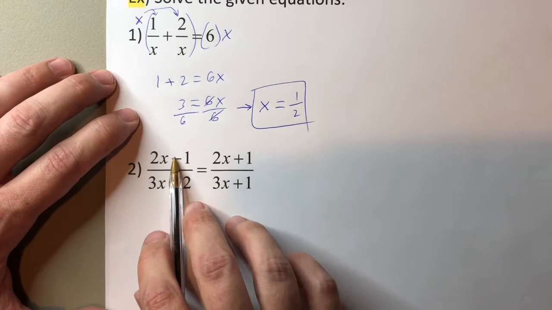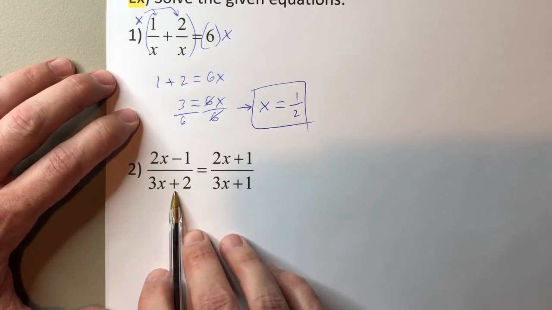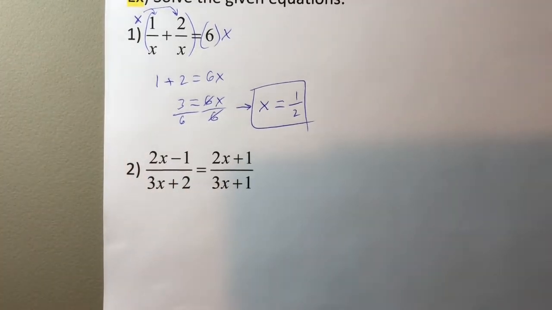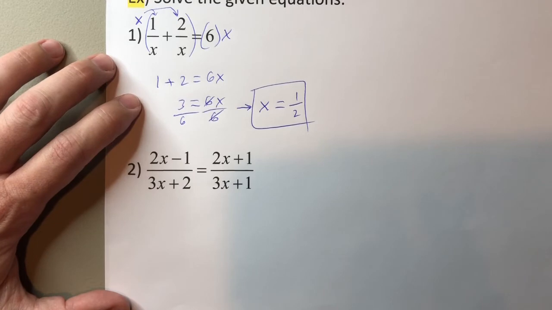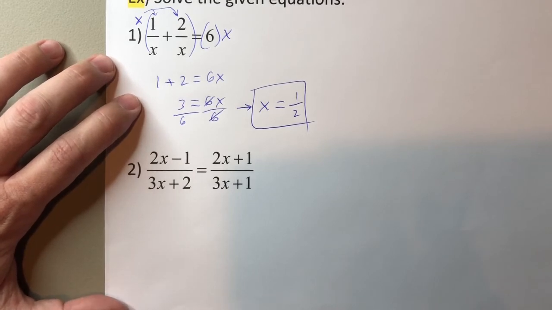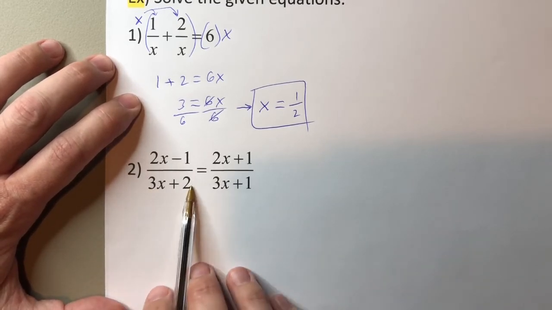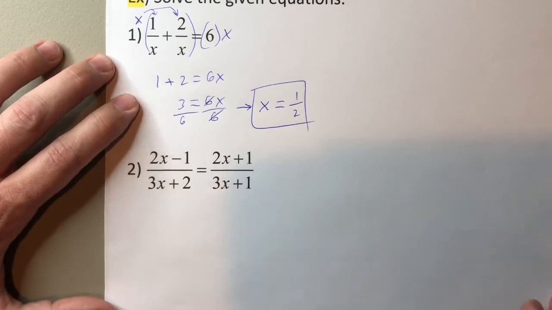Next one here, we have an algebraic proportion set equal to another algebraic proportion. So this is a ratio of two rational expressions, basically. What you're really doing is multiplying, again, both sides by the LCD to clear out the 3x plus 2 and the 3x plus 1.